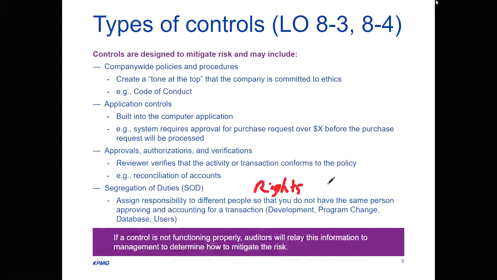Segregation of duties is a physical control that we've talked about in the past, and we'll talk about more as we go, but we can put that into the applications so that only certain individuals can do certain activities. So it's a way to help implement segregation of duties and access control at the same time.